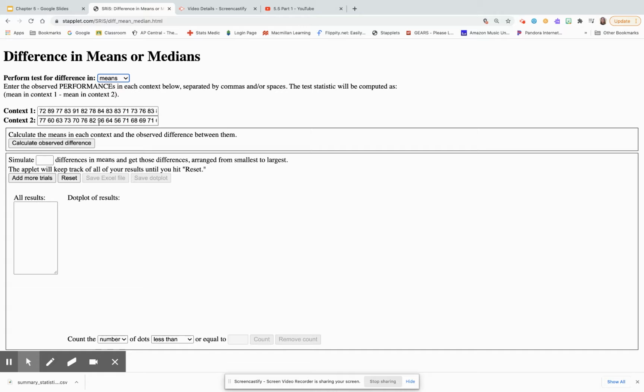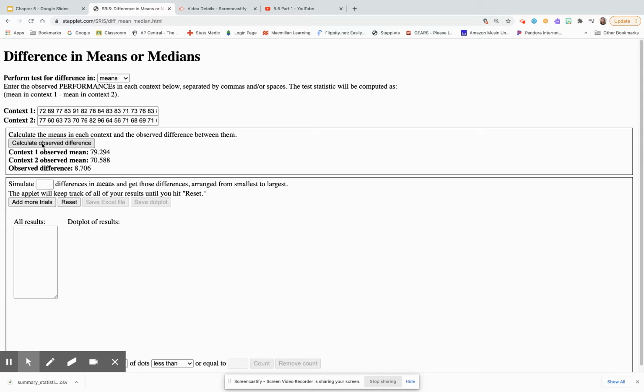What I have in these two boxes are the data from the home games and away games. I used context 1 as the first one listed in your notes, and context 2 as the second one listed, so I put them in the exact same order that you have them in your notes. Notice the button that says calculate observed difference.